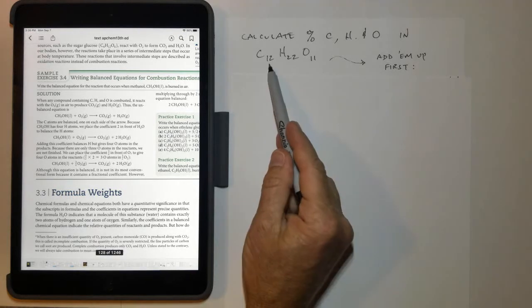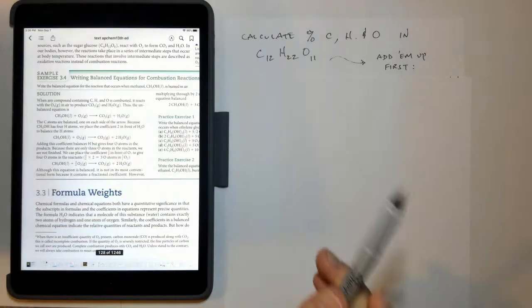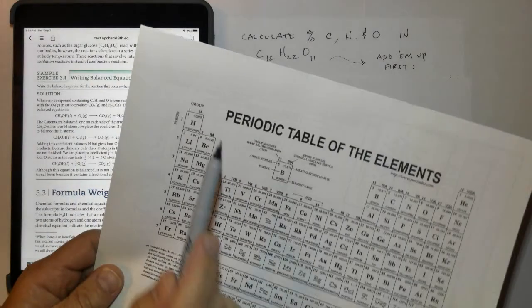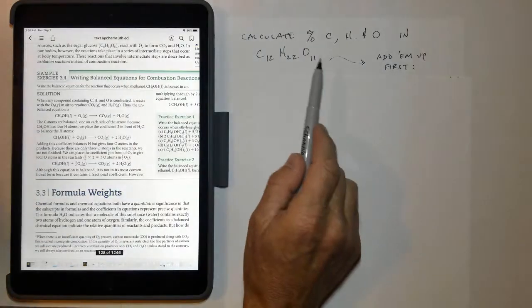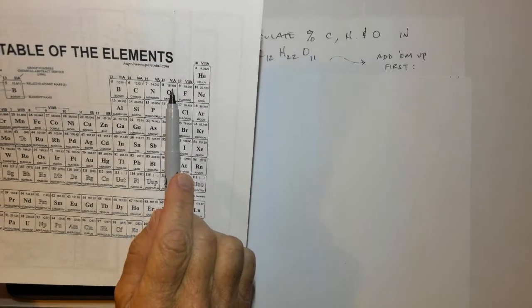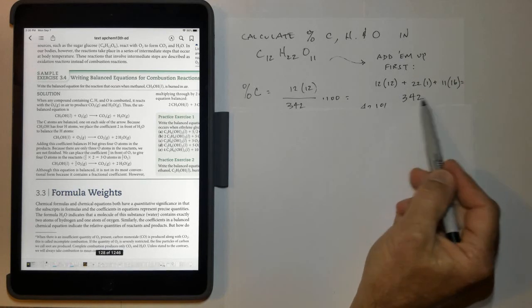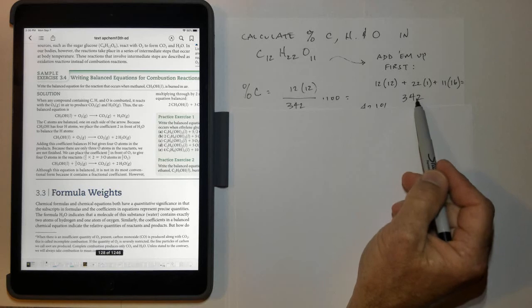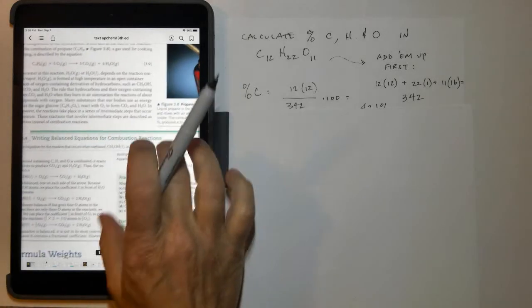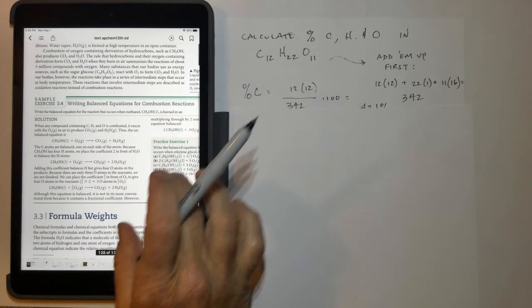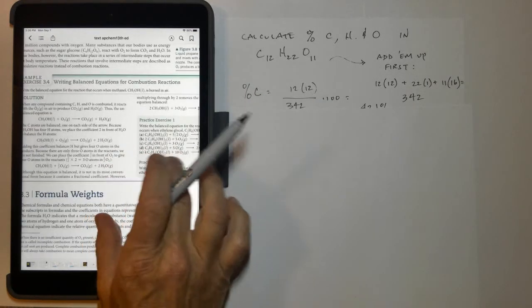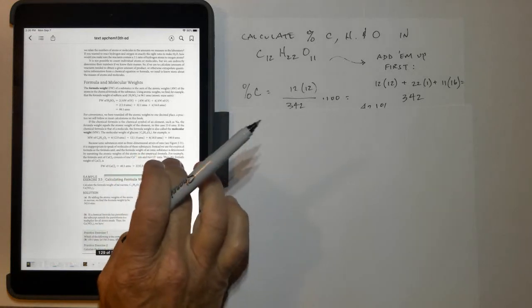So when we add up 12 times carbon, carbon is 12 on the periodic table, plus 22 times 1, since hydrogen is 1, and then 11 times 16, because oxygen is 16 on the periodic table, we end up with a total of 342. So there's my math right here, but 342 is the formula mass or the molar mass for that particular substance. I think this example problem is right over here on this page as well.